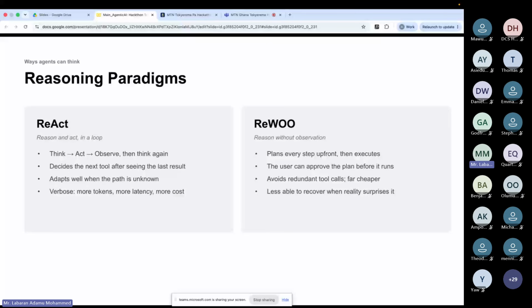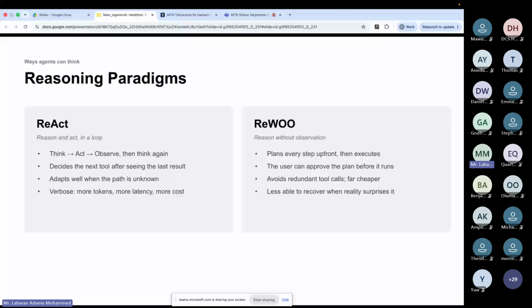Should the user see the plan before it runs and approve it, or should the agent just take autonomy, finish everything, then bring out the results? So we have different types of reasoning patterns with agentic engineering.